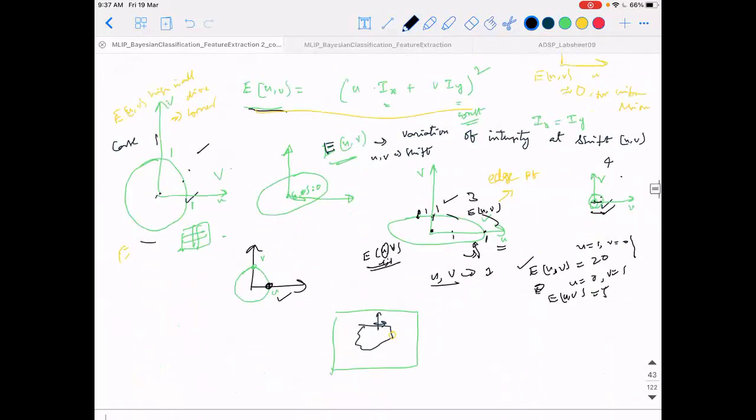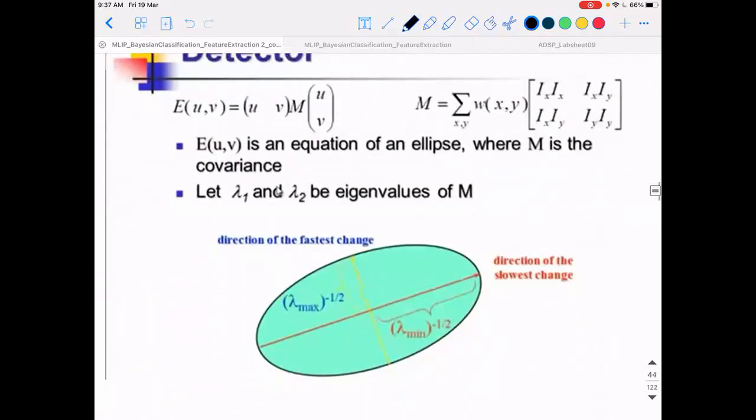Instead, M can be considered a covariance matrix. If it is 2 cross 2, its eigenvalues represent the variations in the respective directions.